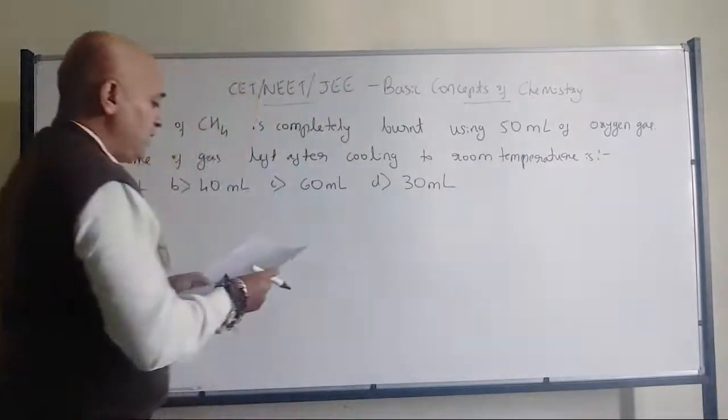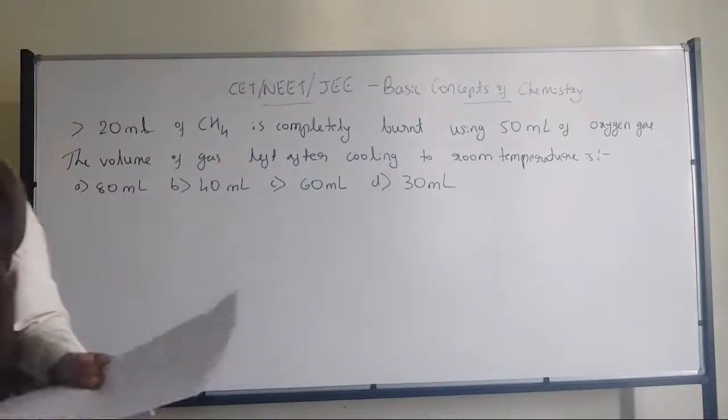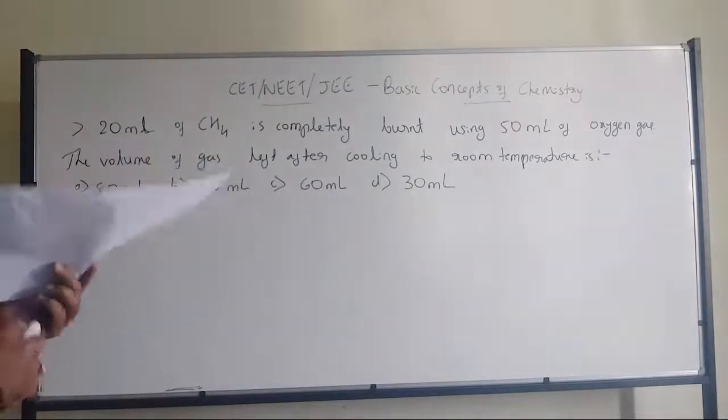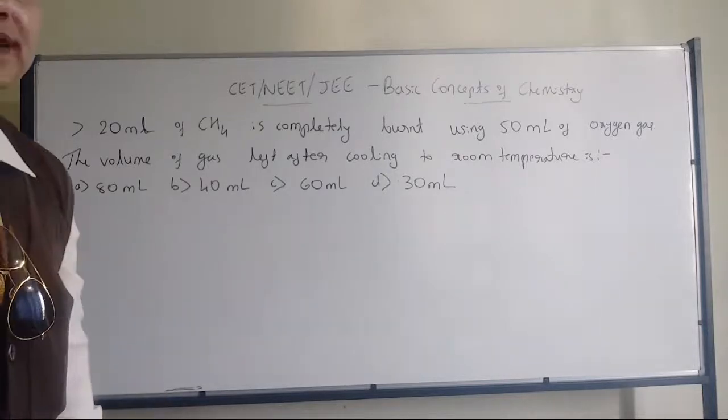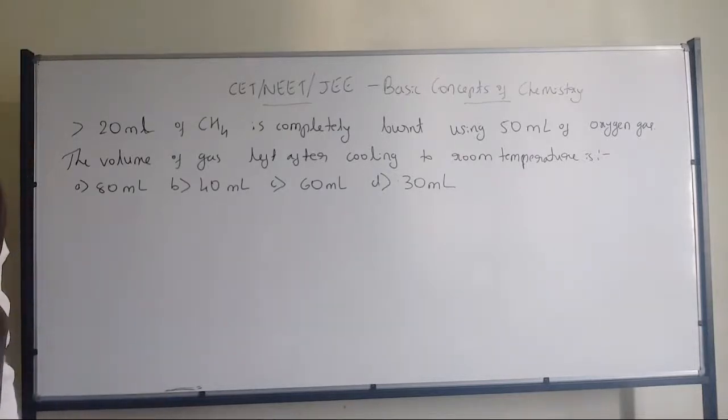So what is the question? 20 ml of methane is completely burnt using 50 ml of oxygen. The volume of gas left after cooling to room temperature is. That's the question.